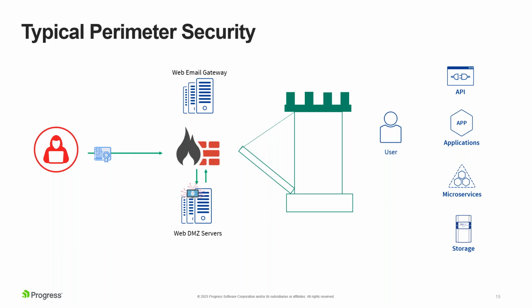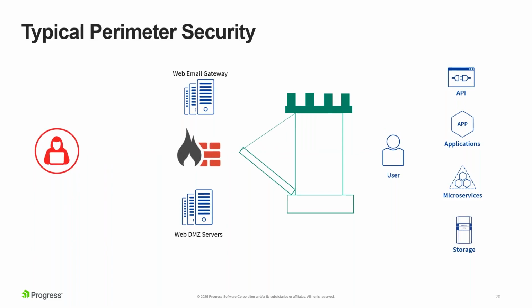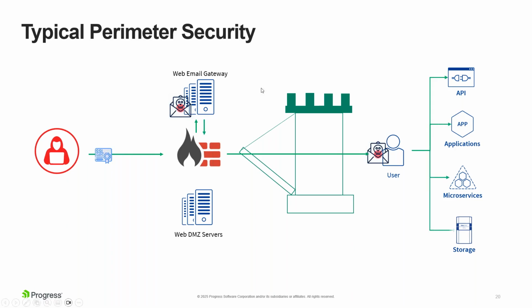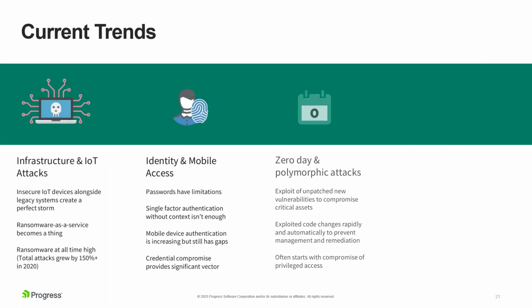And that way they can easily affect your DMZ servers and get into your system. So that's ouch. Alternatively, if you look for user and identity pieces, they send out phishing emails and they get in that way. So the traditional castle option is not really working out anymore.